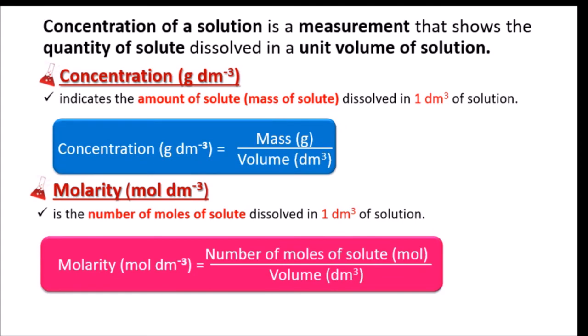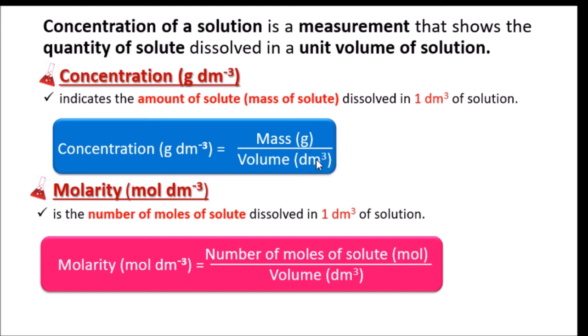Okay, so we already finished discussing all the examples. So always remember, concentration is in the unit of gram per dm cube. Then the formula will be mass in unit of gram over volume in unit of dm cube.